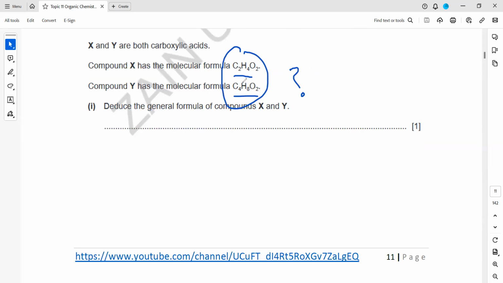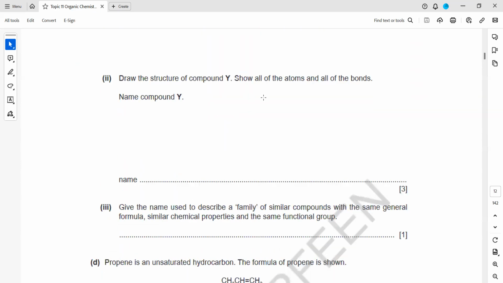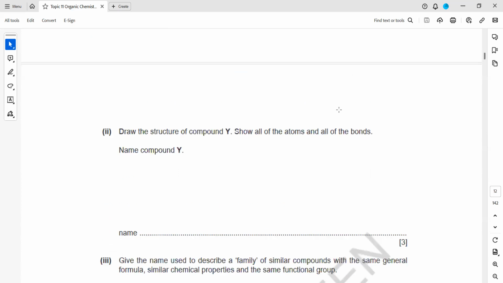The second one has 4 carbon, 8 hydrogen, and 2 oxygen. So if we generalize this, if we have n number of carbon, we should have double hydrogen, so 2n hydrogen will be there, and there will be O2. So CnH2nO2.